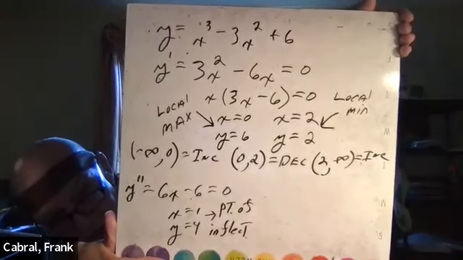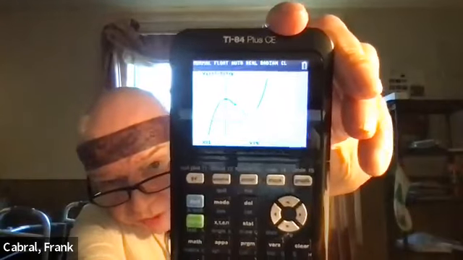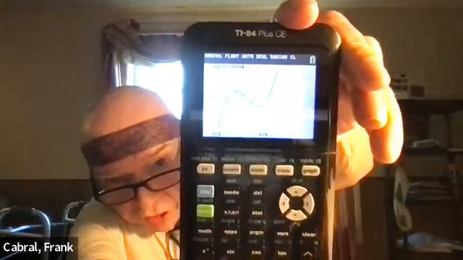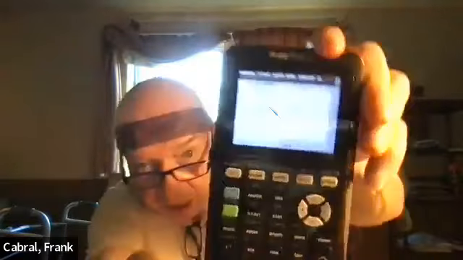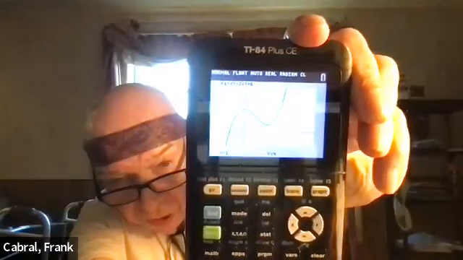All right, this is the second derivative test. All right, so notice here where the flashing cursor is on the curve, that's the place where the curve changes its shape. It's going from concave down to concave up.